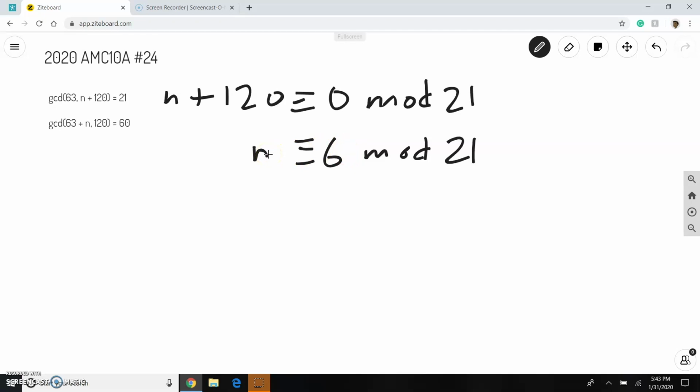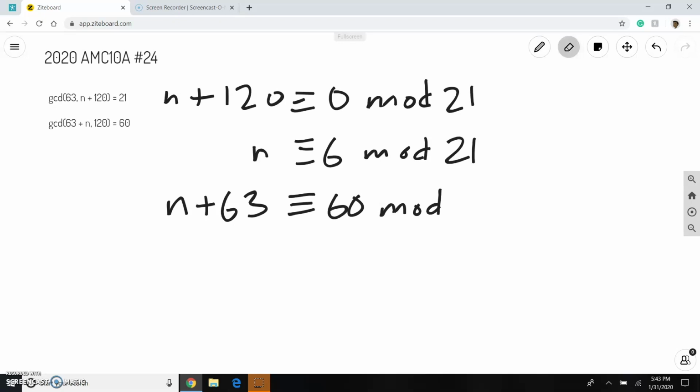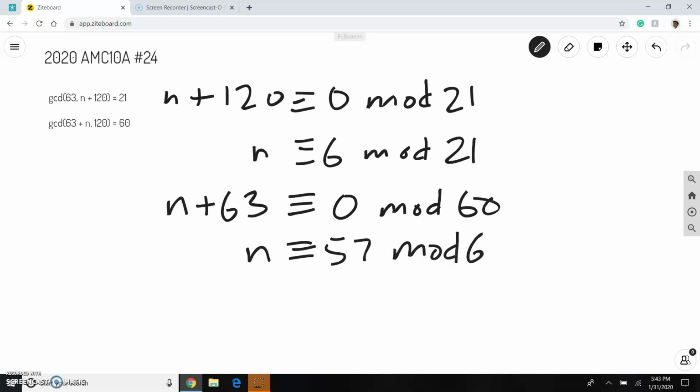Now the second statement shows us that n plus 63 is congruent to 0 mod 60. And we can again simplify this to 57 mod 60.